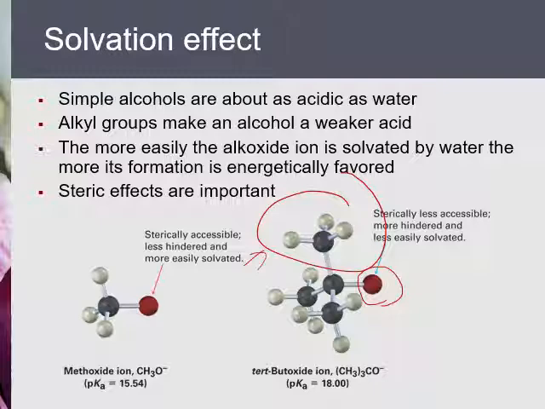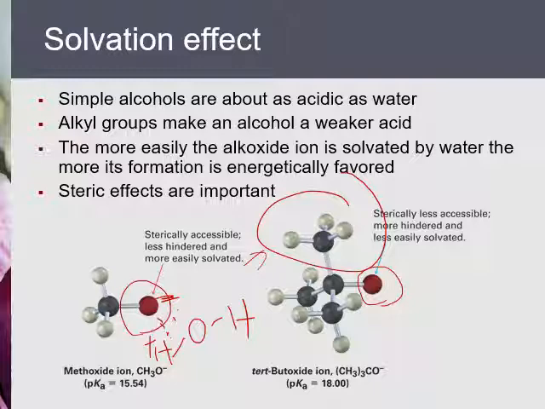In addition, the solvation effect is also important. In alcohol solution, the negatively charged oxygen is stabilized by water molecules, because water has a positive charge on hydrogen that can stabilize this oxygen.